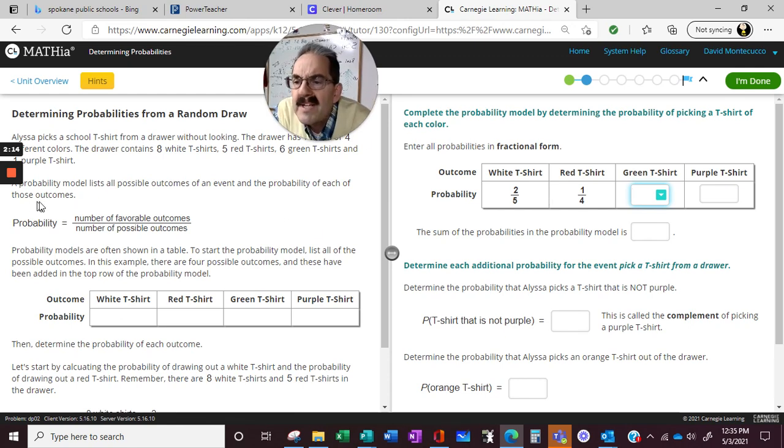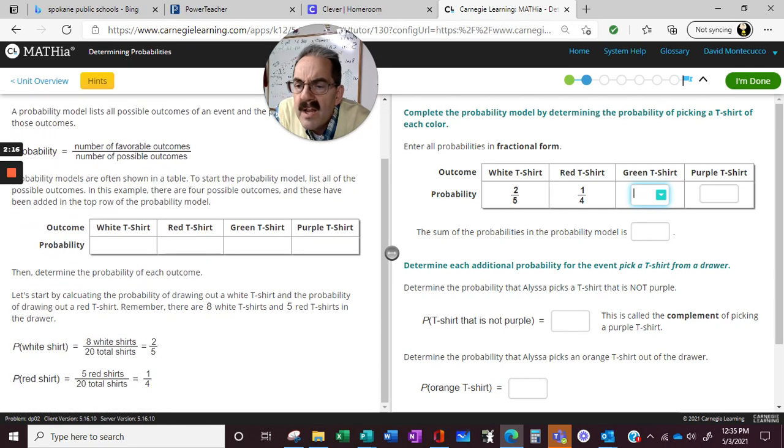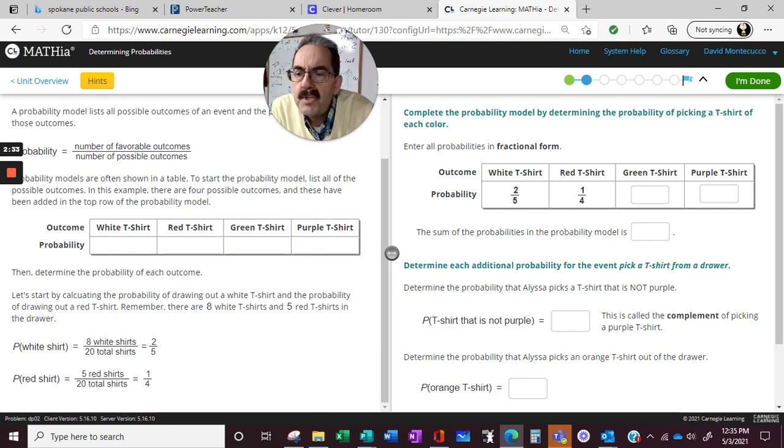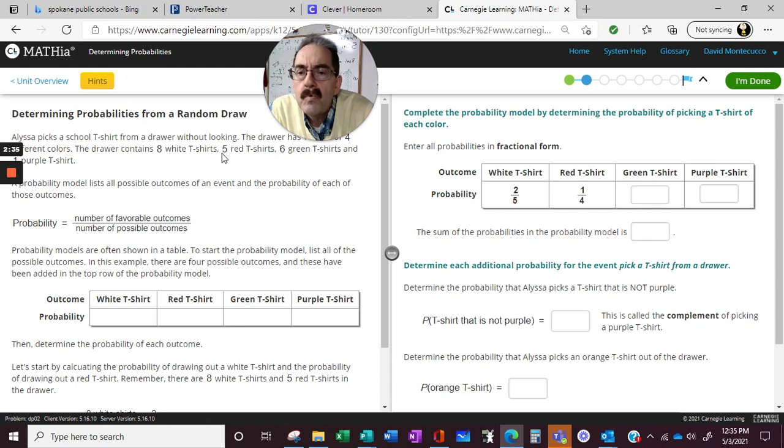Okay, white t-shirt. So we have, the drawer contains 8 white t-shirts, 5 red, 6 green, and 1 purple. Okay, so a white t-shirt, 8 total.